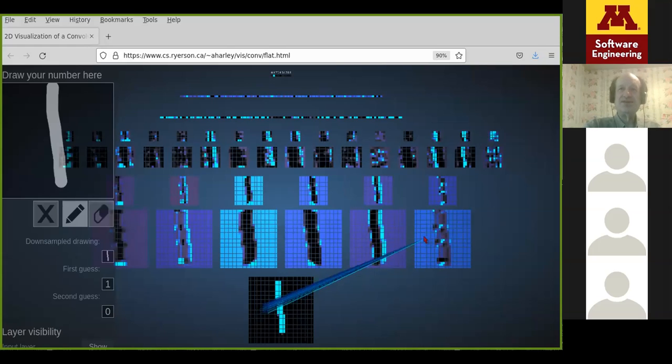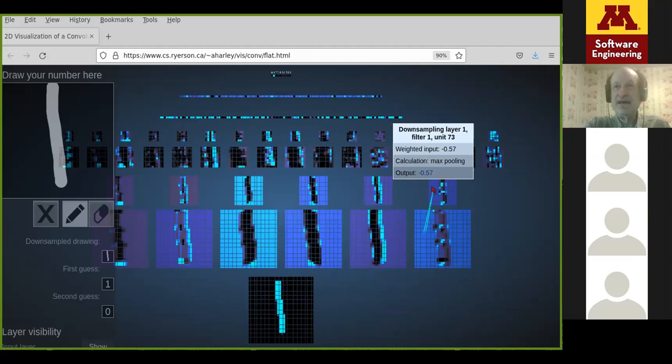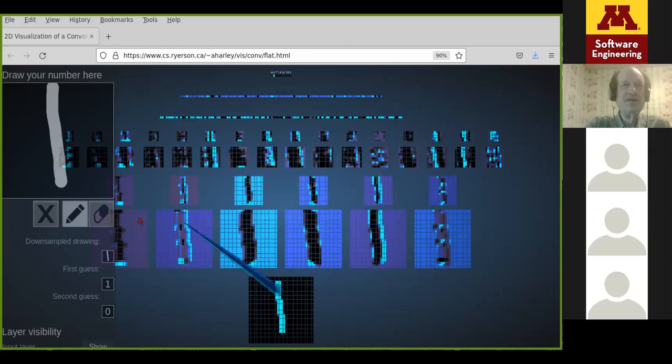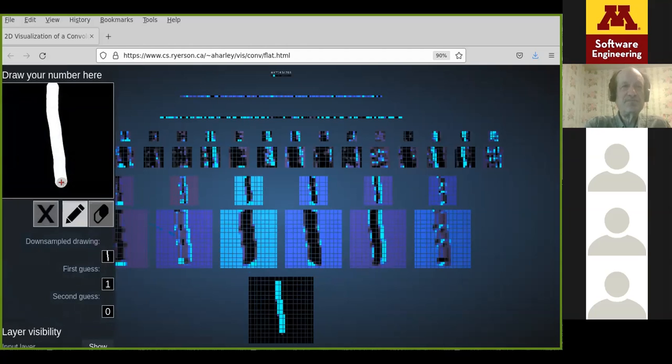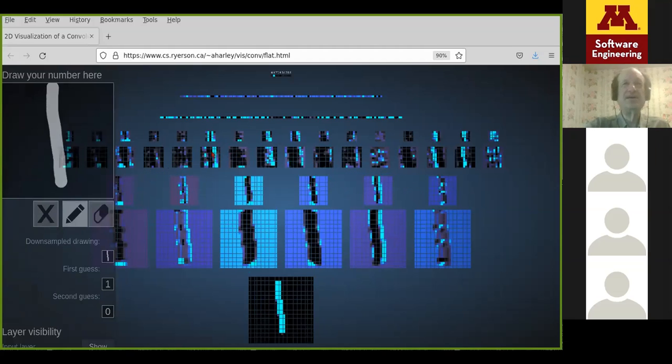And the idea is to learn those. This is showing what happens after you've learned all of these weights. Then this one is a downsampling layer, and you can see what the values are and so on. So that's sort of the structure of this thing.